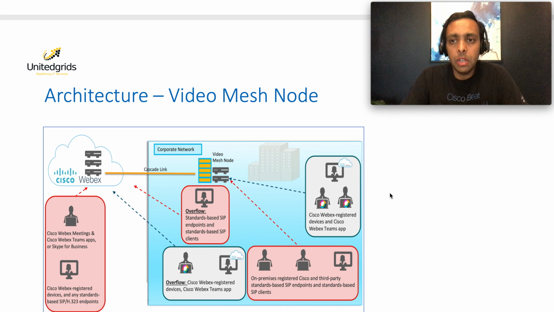And if the video mesh node is at full capacity for some reason or it is down, you can still use the legacy connection via expressway E and C to route your traffic. Keep in mind, this expressway is not the expressway we talked about in the audio solution. These expressways are the dedicated expressways which we generally use for your video traffic, which is part of your video solution.